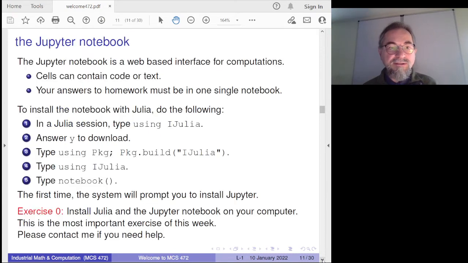The other aspect, so we have Julia, and then we have the notebook. The notebook serves two important aspects of computation. The first one is documentation. In a notebook, you have markdown cells that contain text, also LaTeX. If you took writing in the discipline Math 300, or perhaps even earlier in Math 215, you may have been exposed to LaTeX.